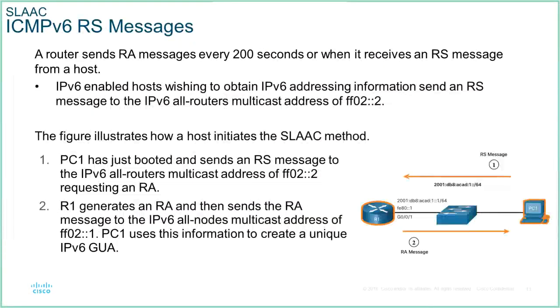It gets that from the router advertisement message sent out by the router. So the router solicitation message is sent out by the device, and a router advertisement message is sent from the router to the device confirming this method. In this case, we're sending the RS message to the router, and the router is responding, saying to initiate the SLAAC method.